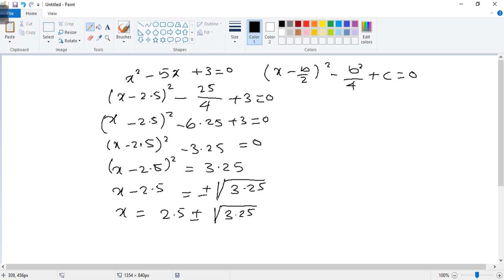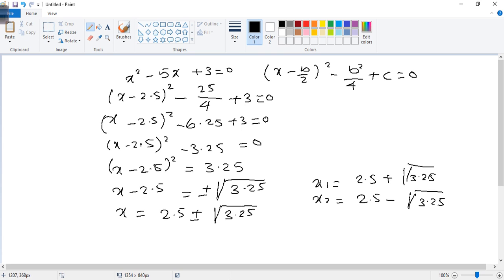Now we find the roots. The first root, x1 equals 2.5 plus the square root of 3.25, and x2 equals 2.5 minus the square root of 3.25, and this is the way we do completing the square.